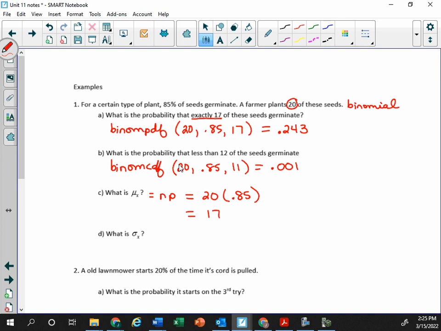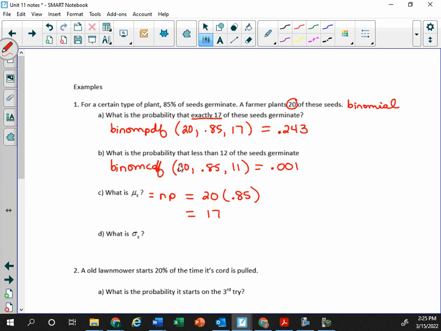Don't make that harder than it is. It's just how many seeds are we planting? What percent should germinate? Here's our total number of seeds we think will germinate. They're very similar, yeah. This is just set up in a different way than the first expected value was, but it's telling you very similar information.